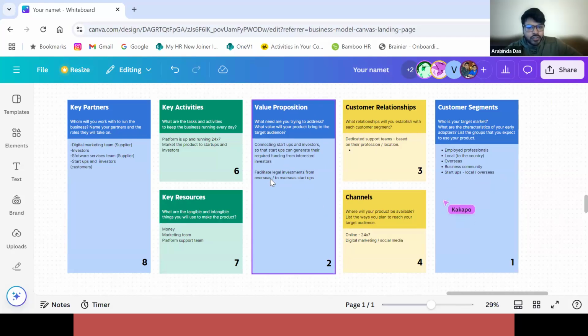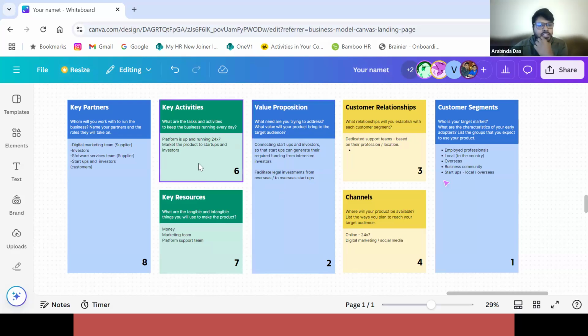Value proposition: connecting startups so they can generate the required funding from interested investors, facilitating legal investment from overseas. Okay, perfect. Key activities: the platform is up and running, and marketing the product to startups and investors. I'm not sure about the key activities.